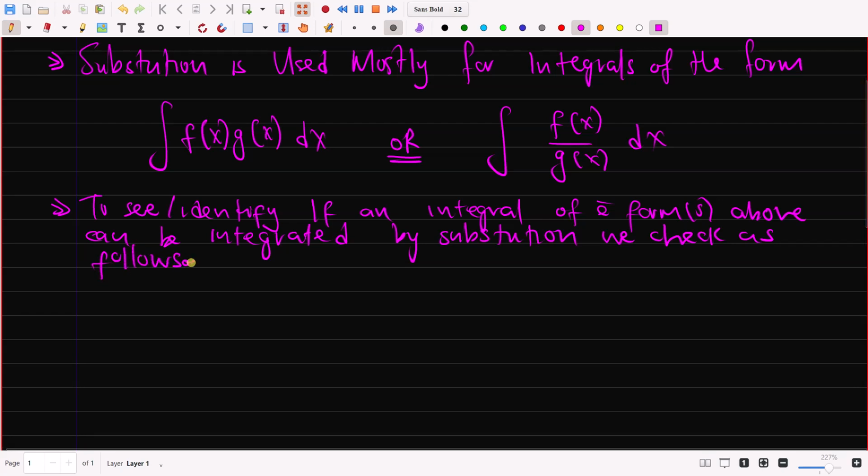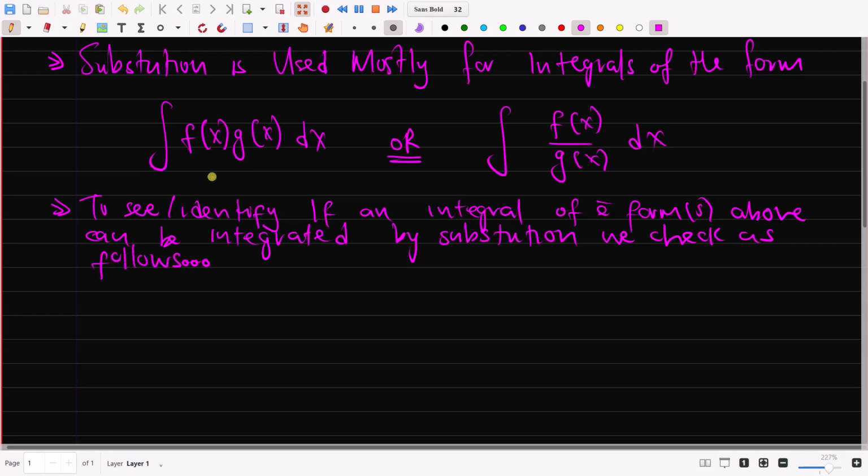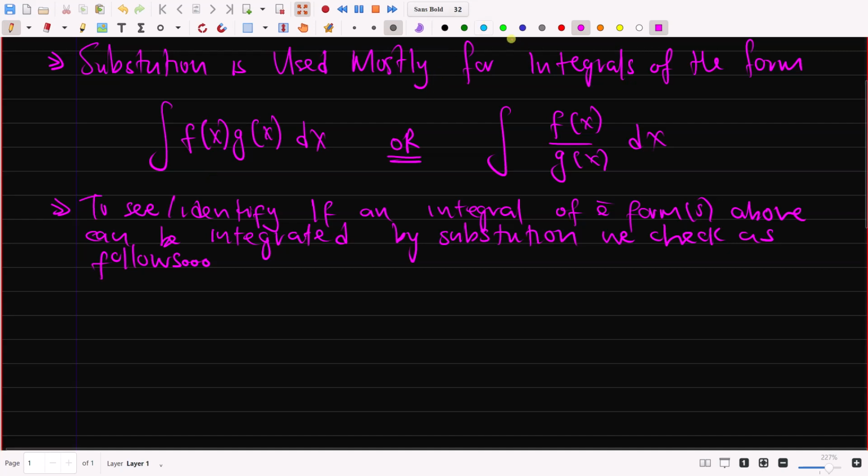If you are given an integral like the one you have here, then there is a simple check that you can do in order to identify whether you have to use substitution or not.